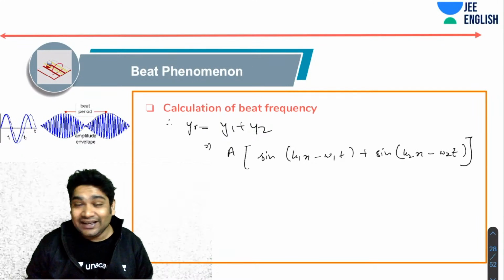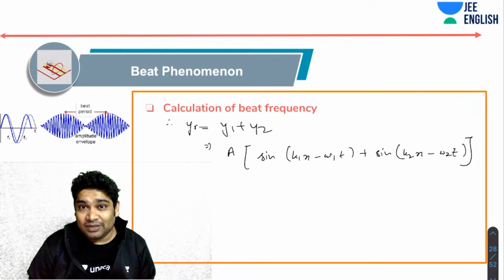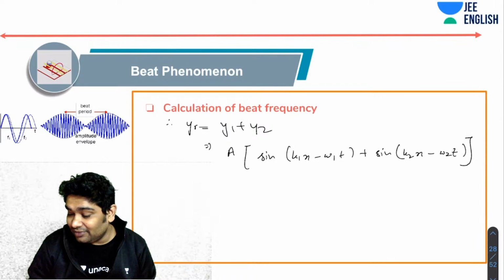All right. So here now I will apply the formula of sine A plus sine B equals 2 sine of (A plus B) by 2 into cos of (A minus B) by 2.